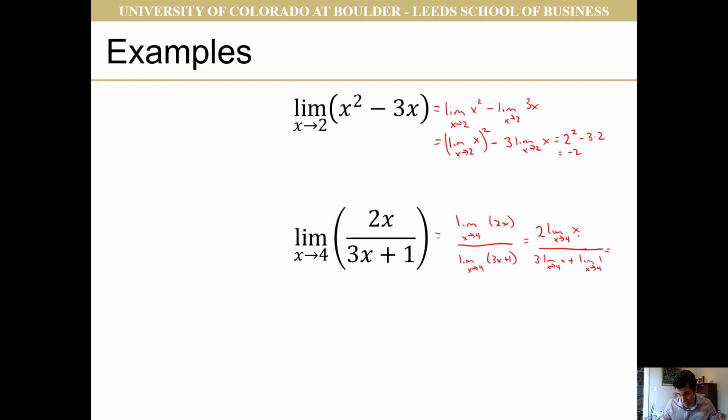The limit as x goes to 4 of x is 4, so 2 times 4 is 8, divided by 3 times 4 is 12, plus, this is a constant, 1, 13.